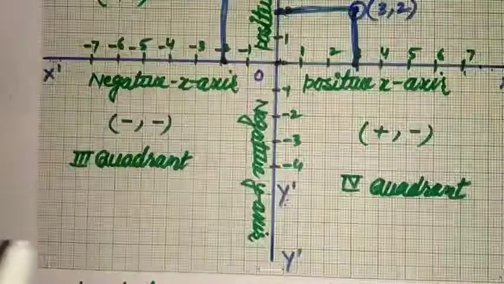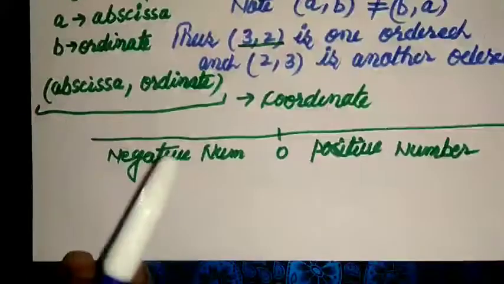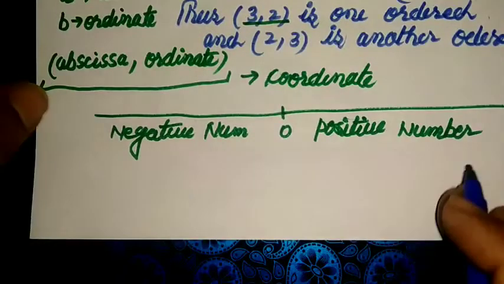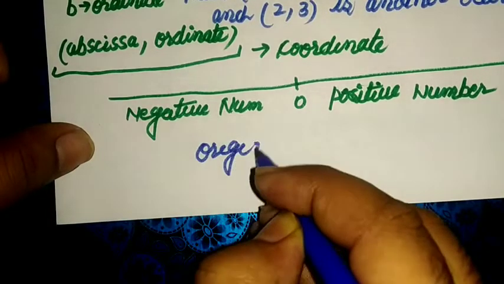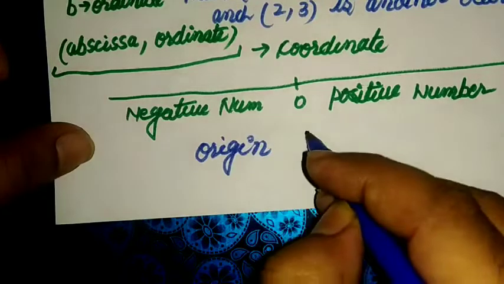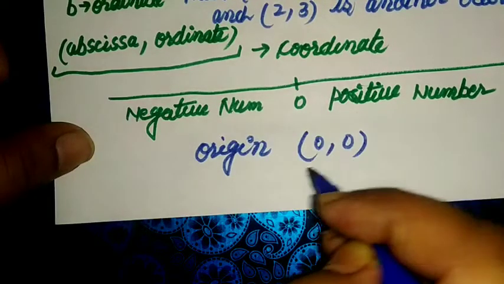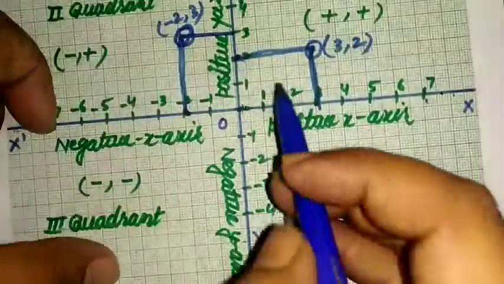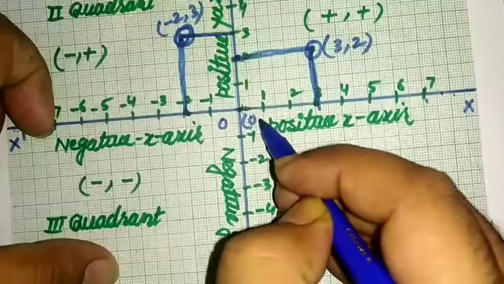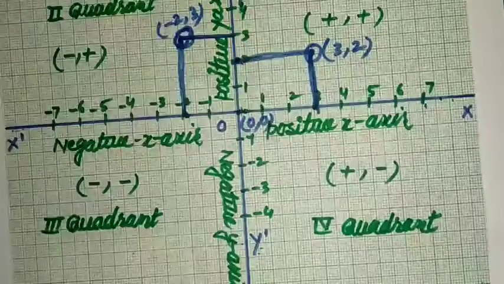And one more thing here, the coordinate of the origin we can write 0, 0. Please note that, isn't it? And we put the origin here as 0, 0, isn't it?